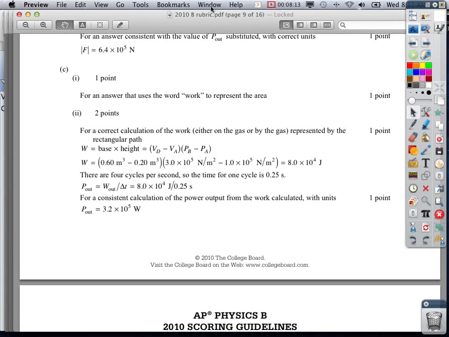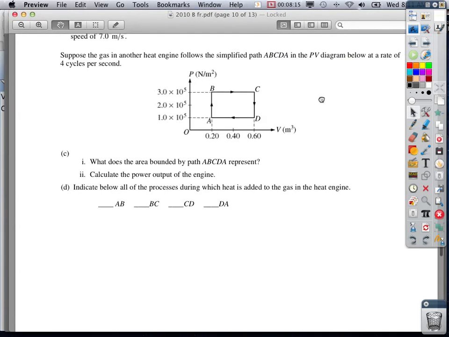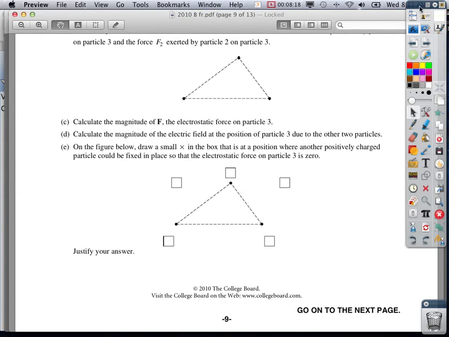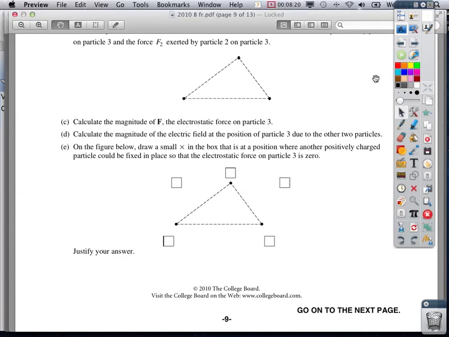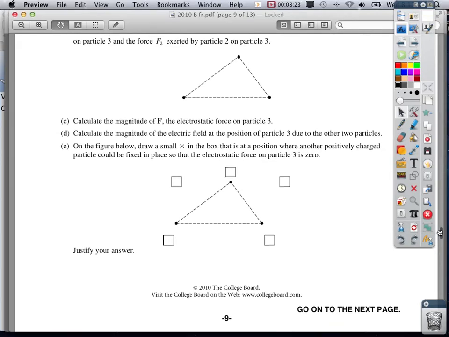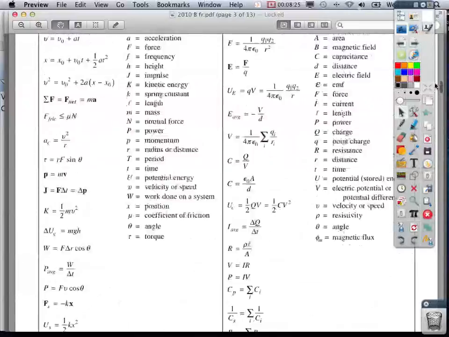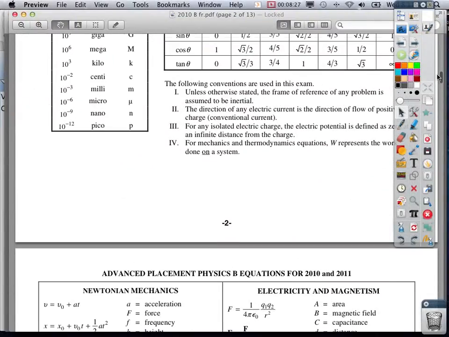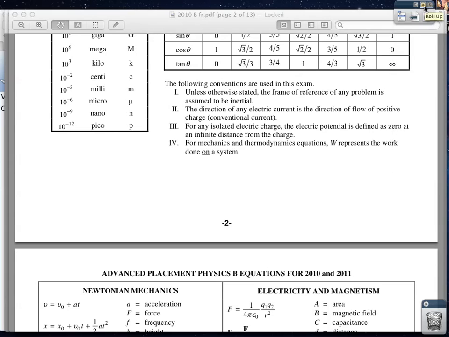Because if you'll remember over here, W represents the work done on a system, right? The work done on a system, which means if this gas does work, the sign should be what?